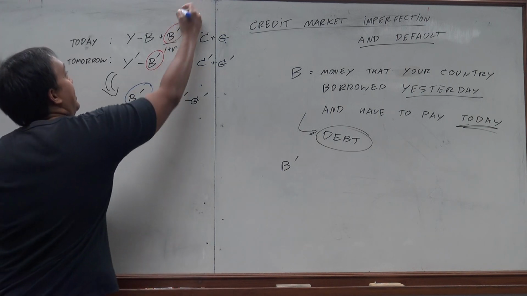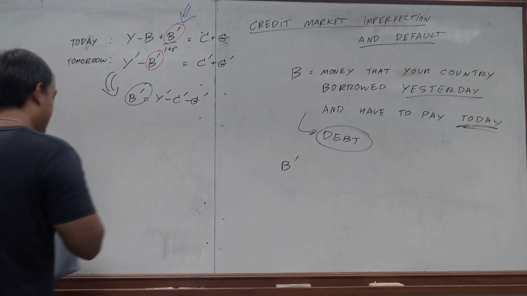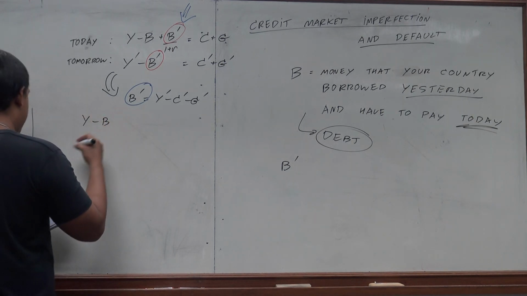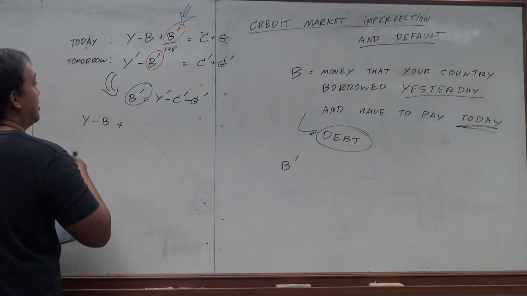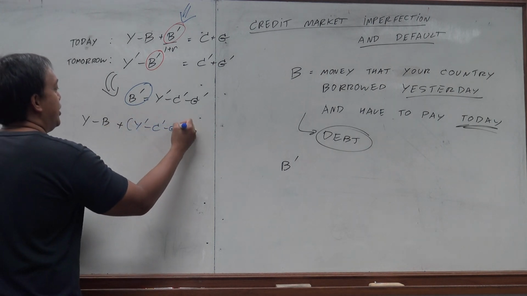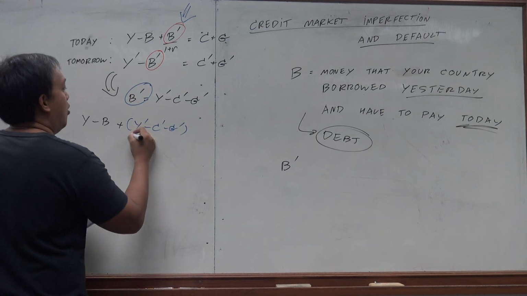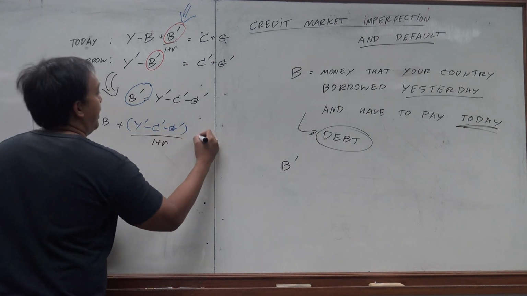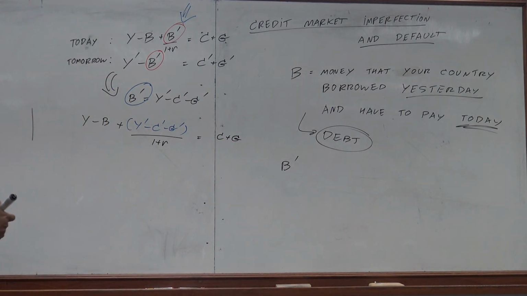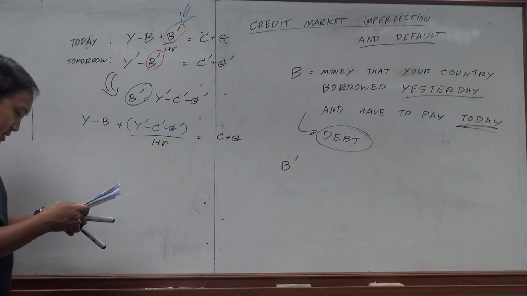Plug this one inside this one. So then what I have is y minus b plus y prime minus c prime minus g prime over 1 plus r equal to c plus g. This is what I have.